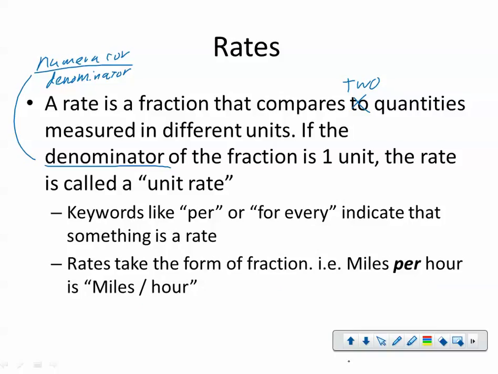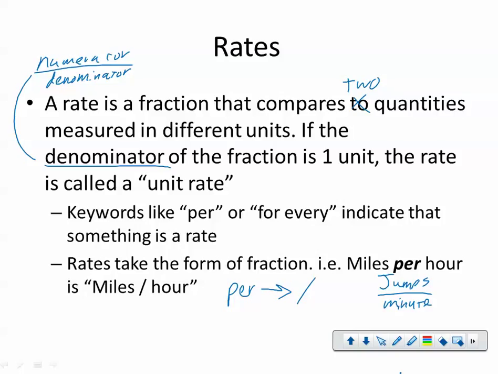So miles per hour means miles per hour. And you should also be thinking that that per is your fraction bar, right? If it says jumps per minute, then you're going to have jumps per minute. And that is a fraction. We're taking the number of jumps divided by the minutes.